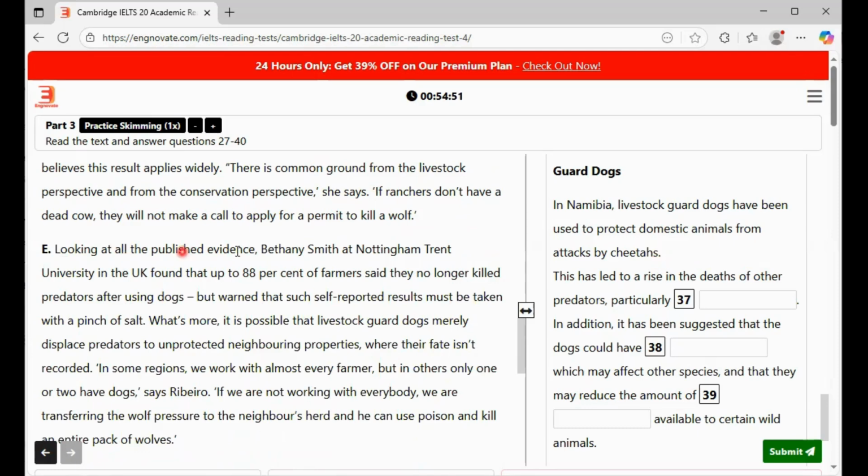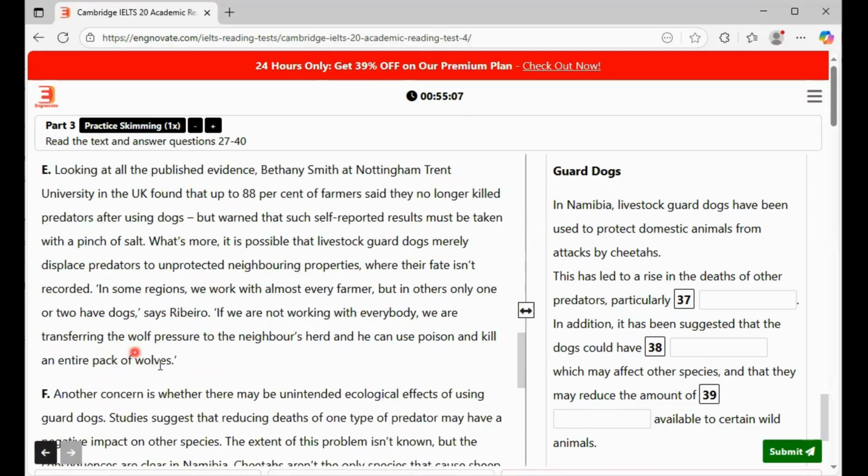Looking at published evidence, 88% of farmers said they no longer kill predators after using dogs. But such self-reported reports must be taken with a pinch of salt. See wolves again. Is it wolves? Particularly wolf.